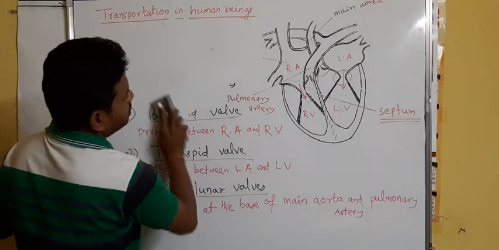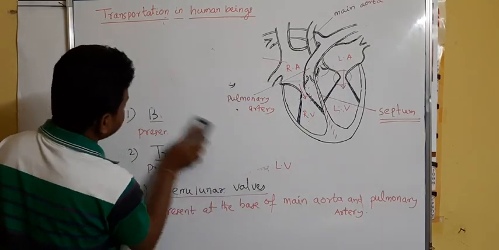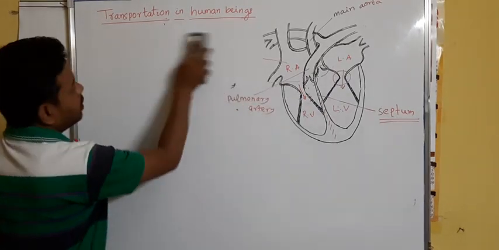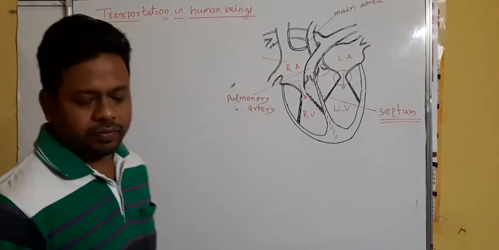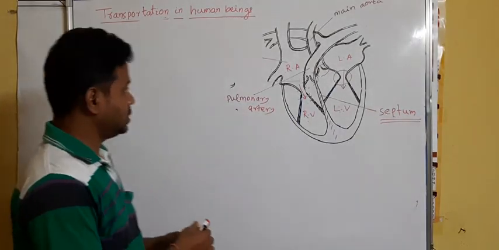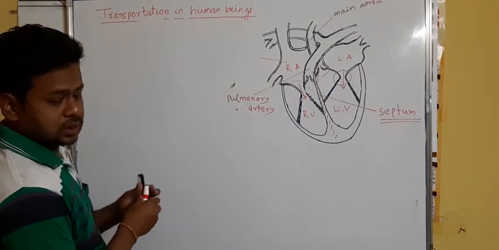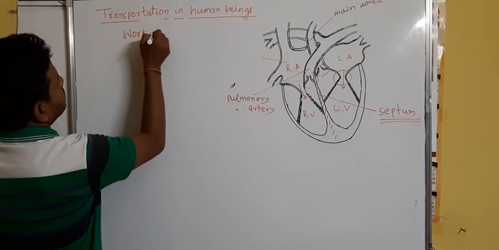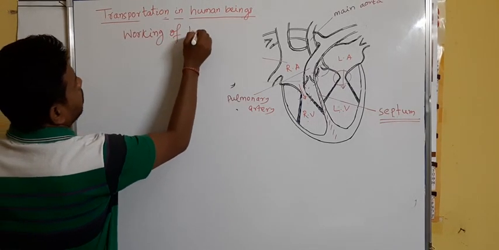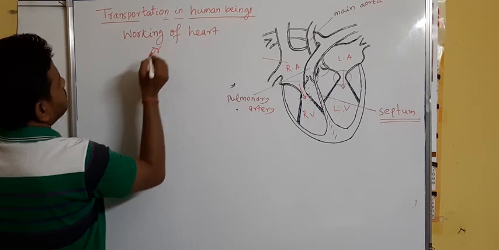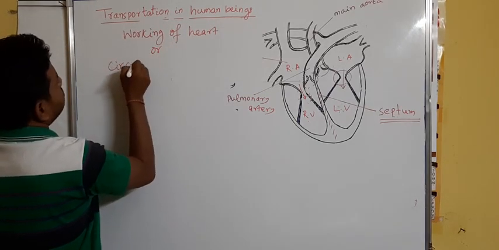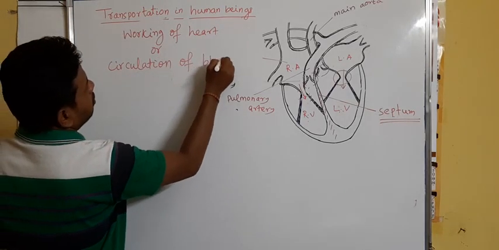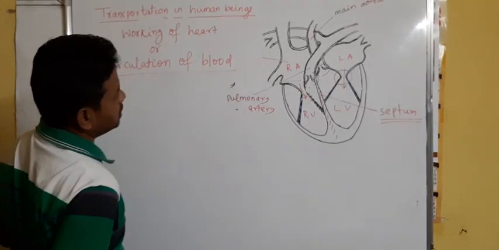Next we will read about how the blood is moving, or how the heart works. So the next part is the working of the heart, or we can say the circulation of blood. How the blood circulates.